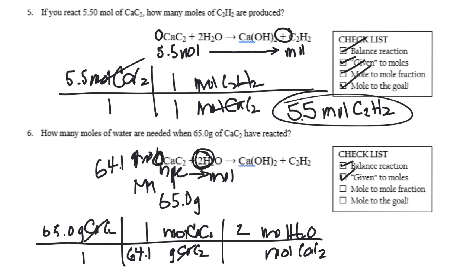A 1 is next to CaC2, I put a 1 next to CaC2. Cancel my units. I'm at the unit I want, so I'm done. I've done the mole to mole fraction. I've done my coefficients. And mole to the goal. Mole is the goal. So now I have my answer, and I get 2.03 moles of water.